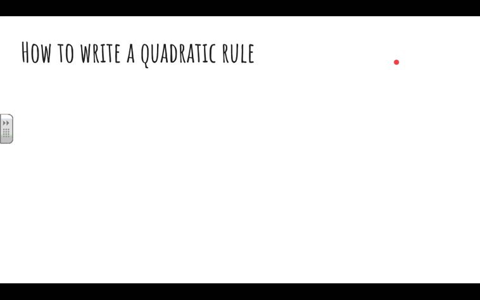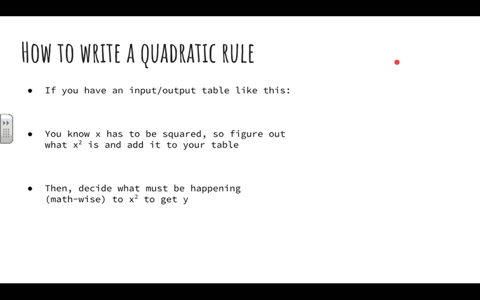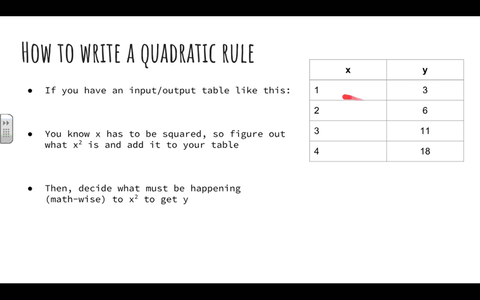All right, how do we write a quadratic rule? So if you have an input or an output table like this one we see here, so x is 1, 2, 3, 4, and then y is 3, 6, 11, 18. We want to write a quadratic function rule for this. Here's what we would do. First of all, you know that x has to be squared here.